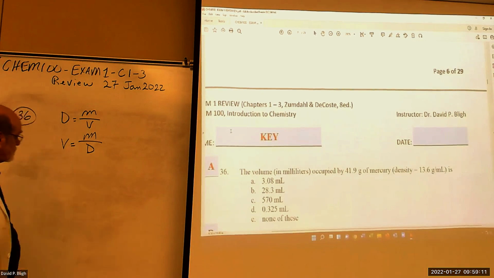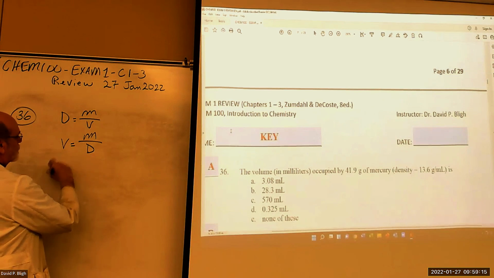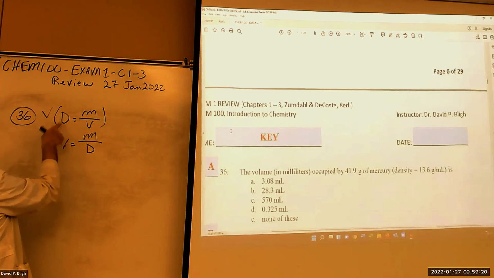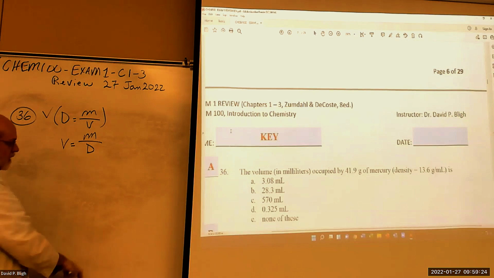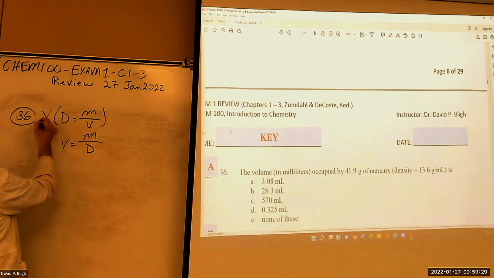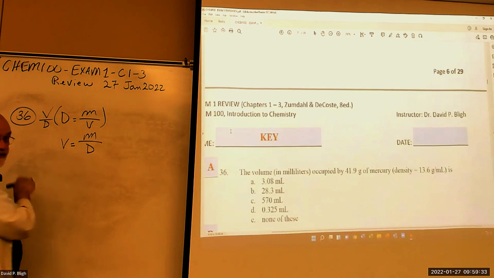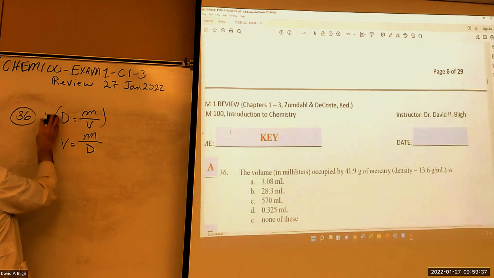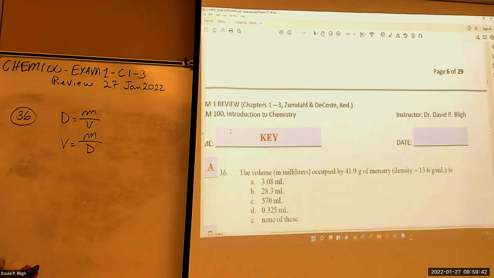We can prove that. If we want to put volume on this side, we multiply the whole thing by V, so we get V on this side and we cancel V on that side. And for D, you want to divide both sides by D, so we cancel D on this side, and it ends up on this side.